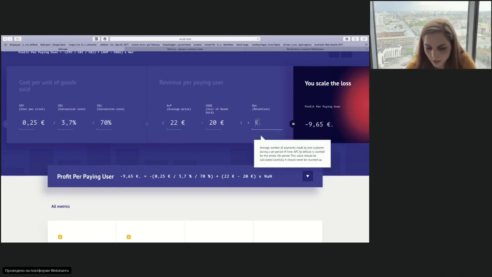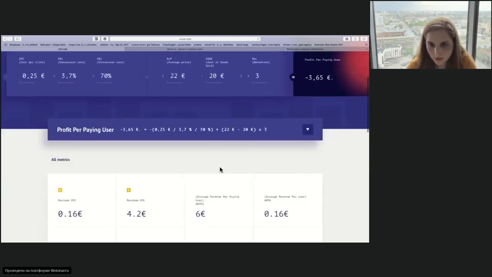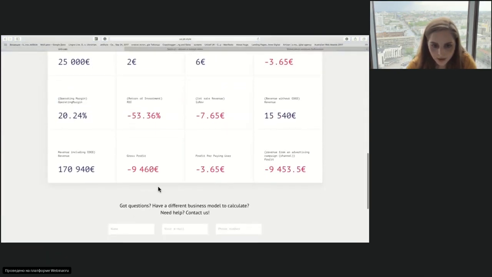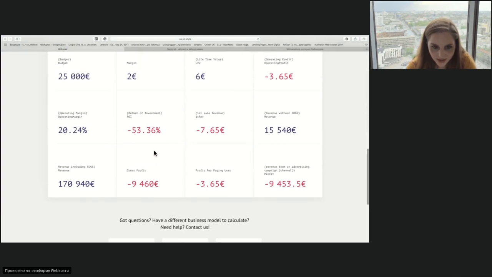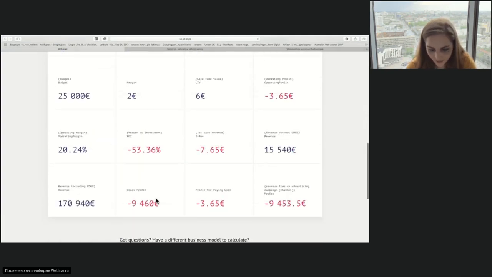We will make some activities and maybe some will return. Okay, or even 3 times. Still no profit, not a business, but the losses are less now.